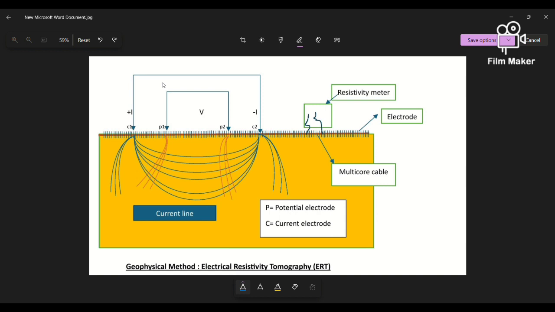It can measure up to 100 meters, depending on the type of requirement. Here we can also determine subsurface structures, like a drain or any cable trench. So today we will discuss the ERT method.